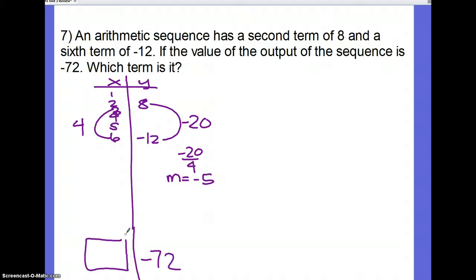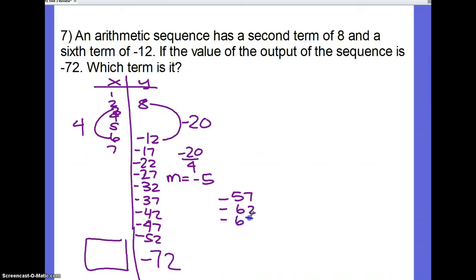So again, we could really just keep subtracting 5, so negative 17, negative 22, negative 27, 32, 37, 42, 47, 52, 57, 62, 67, 72, and negative 77.